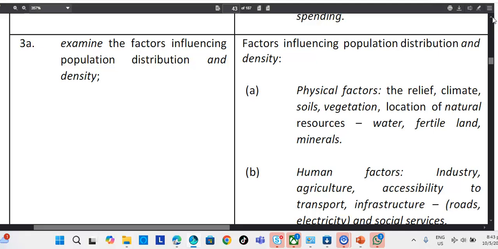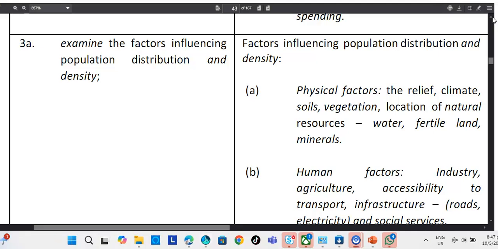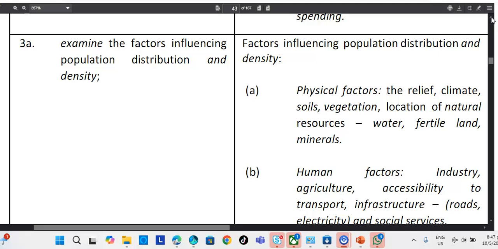All right. Another physical factor that influences the population distribution and density is the location of natural resources. It is safe to say that people tend to live in areas where certain comforts are afforded. We want to ensure that we're living in places where there is availability of water, we have fertile land.